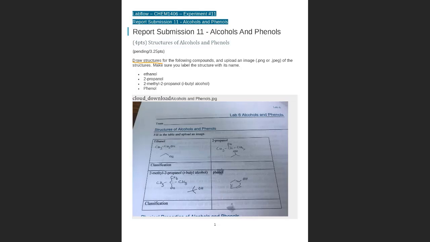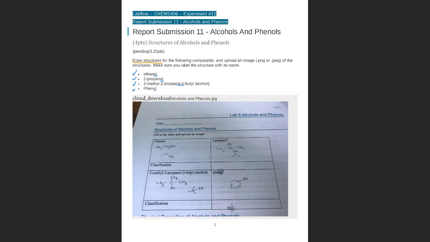So you have to draw the structures of 4 different alcohols: ethanol, 2-propanol, 2-methyl-2-propanol, and phenol. So let's look at this. How are we going to draw? The first one, ethanol. First of all, if you notice, the ending of an alcohol is -ol.